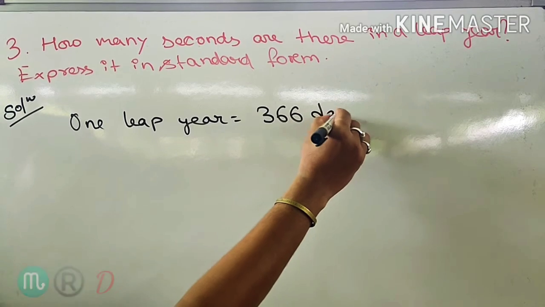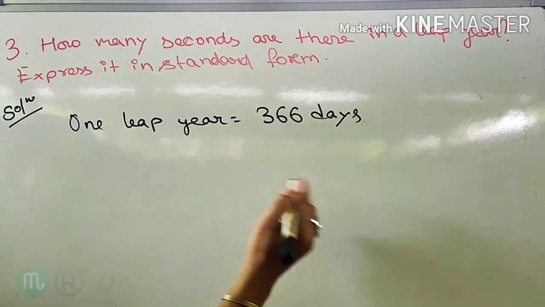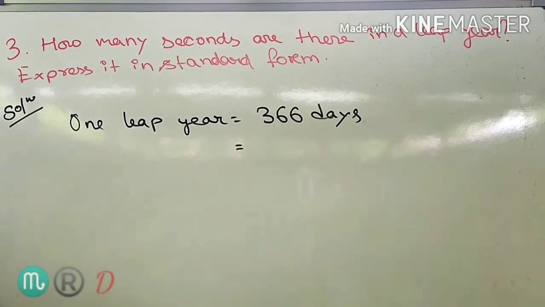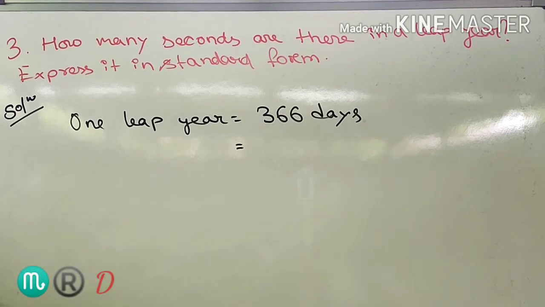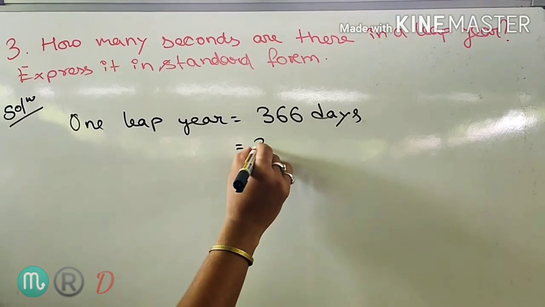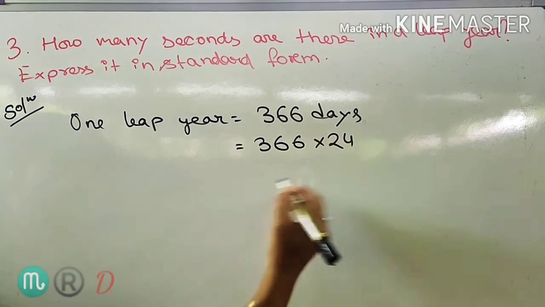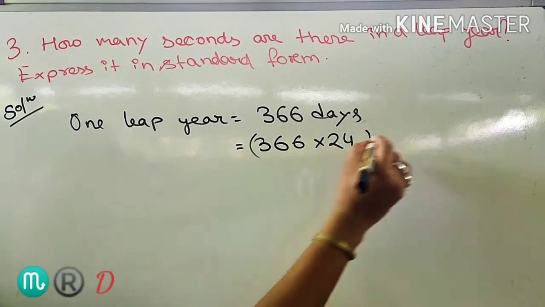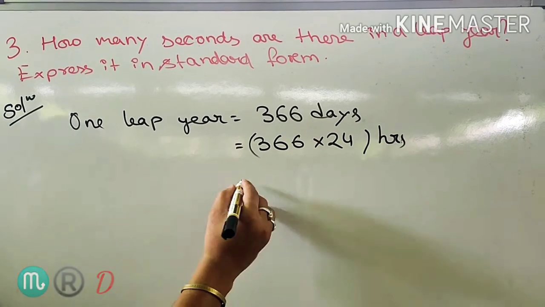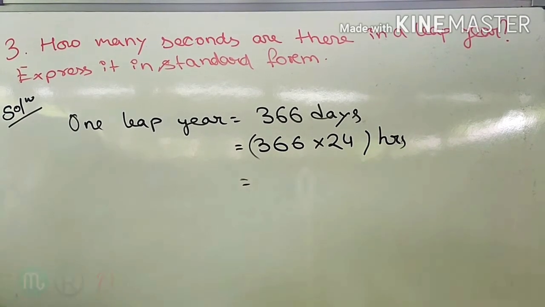366 days. Now these days, if you write into hours, in one day it is 24 hours. So if you multiply 366 into 24, it is converted to hours. But we need the answer in seconds.